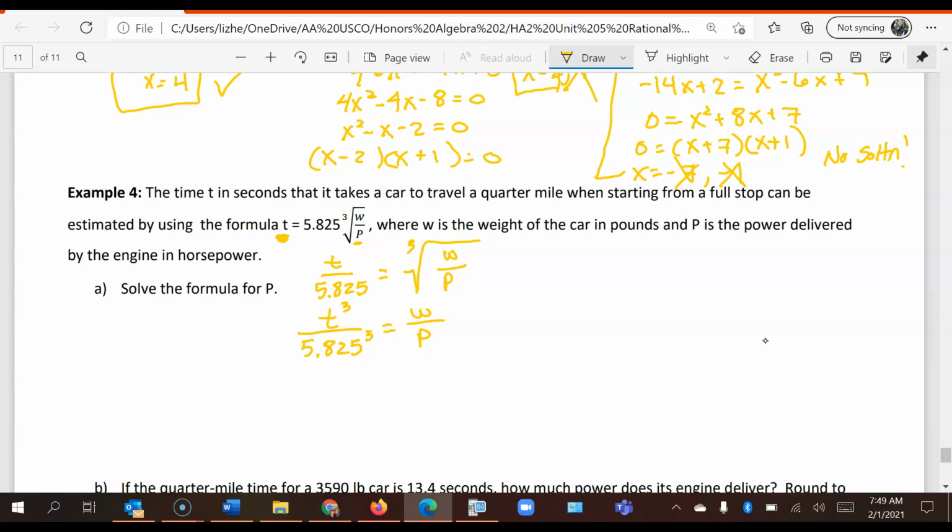Two, you could just multiply by p and divide by the reciprocal of the left fraction. But let me just do cross multiplying. I have p times t cubed equals 5.825 cubed times w. And now p will equal 5.825 cubed w divided by t cubed. And there you have it. We solved for p.